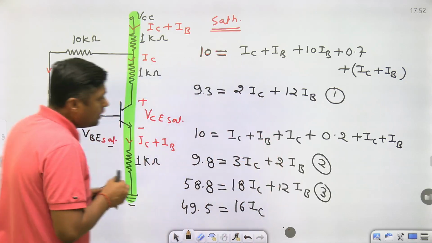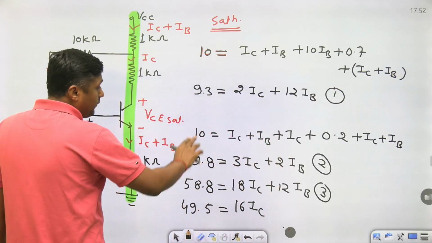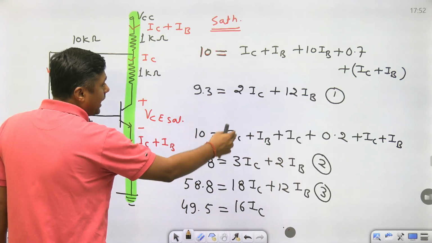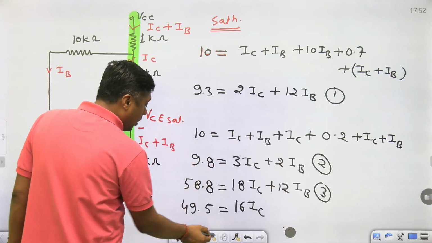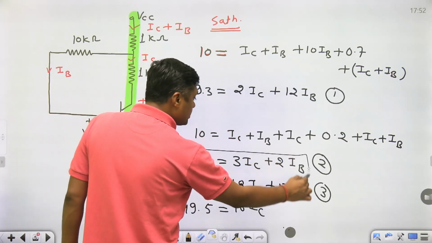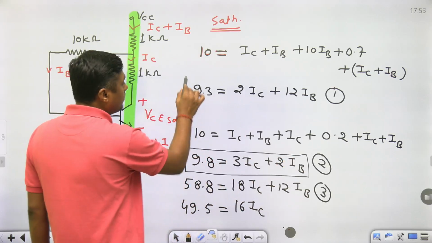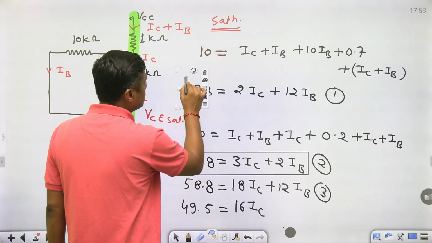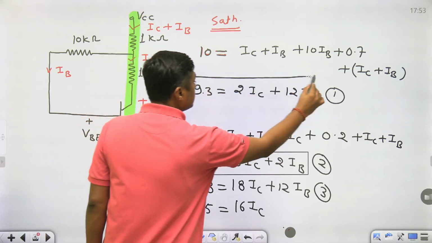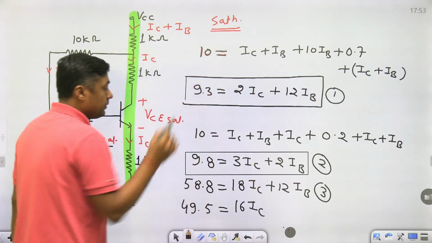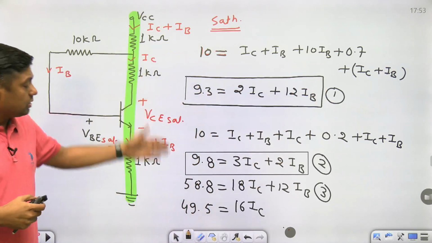So first of all, you have to find what is the value of the IB. Now we have the value of IC, then you can find the IB from any equation, like from this equation or from this equation you can find. Okay, so you can find from this one or that one.